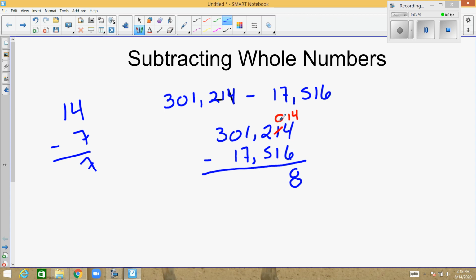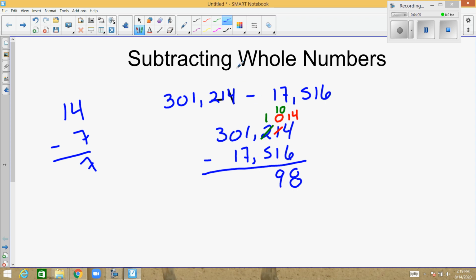I can't do that. So I'm going to come back to the one in front of it because this is my tens place. 100 is 10 times bigger. So this guy goes down by 1. And when it comes back, this becomes 10. 1 from 10 is 9.